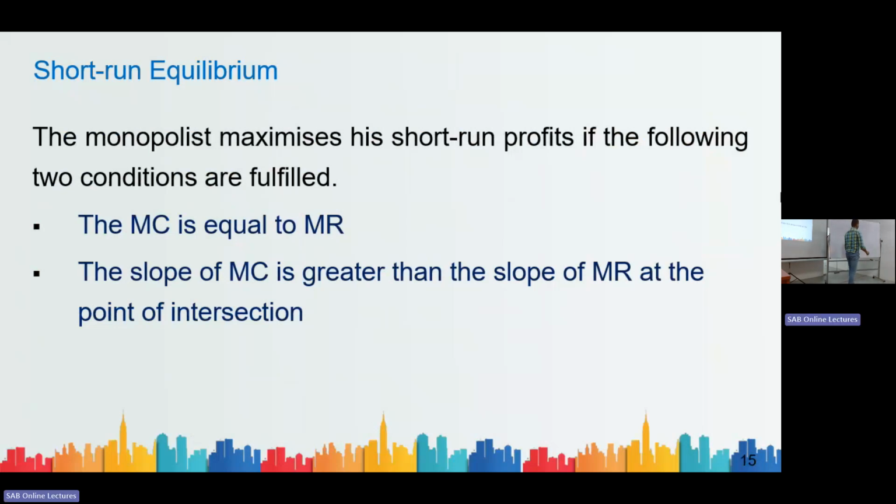In a perfectly competitive firm, the marginal revenue curve was horizontal, and P equals marginal revenue and average revenue in perfect competition. In a perfectly competitive firm, marginal cost will take this shape. The slope of marginal revenue was 0 because it's horizontal.